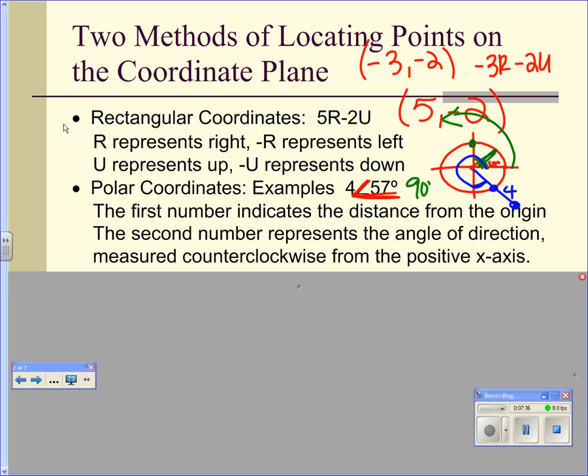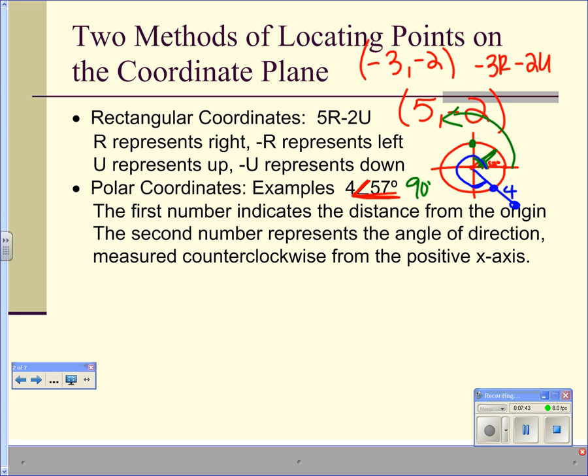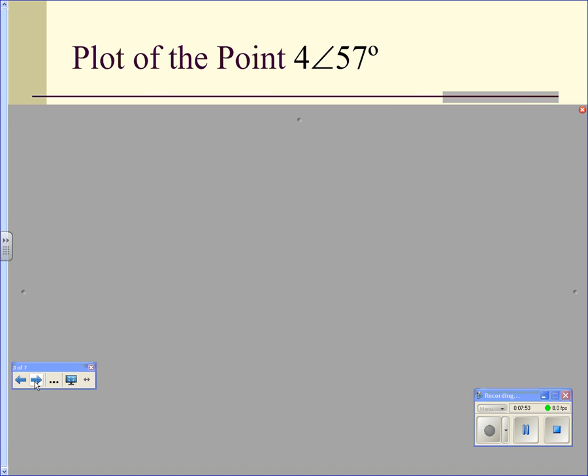When you draw these, they're really just for your help. You just have to learn first how to manipulate them, and we'll get to how to use them later. Actually, not even in Algebra 2, pre-cal.